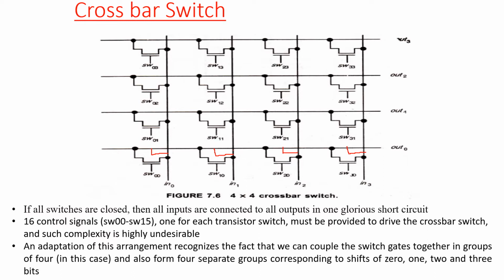So all the inputs are connected to all the outputs in one glorious short circuit. This is the main drawback of the crossbar switch. If all the switches are on, all the inputs are shorted to the output lines, and we need 16 control signals here, and hence such complexity is highly undesirable.